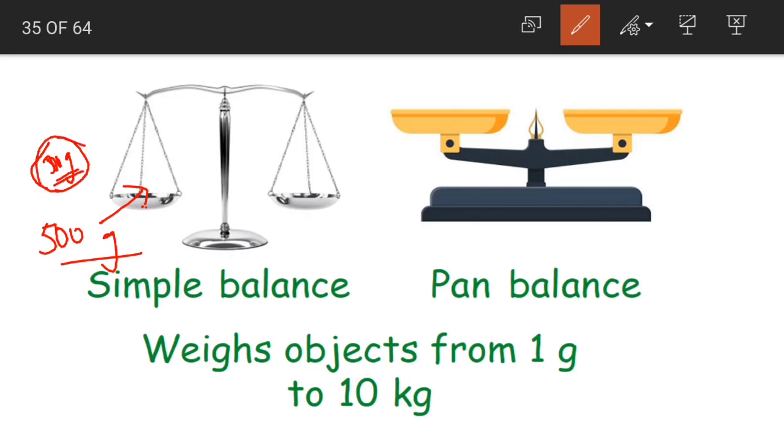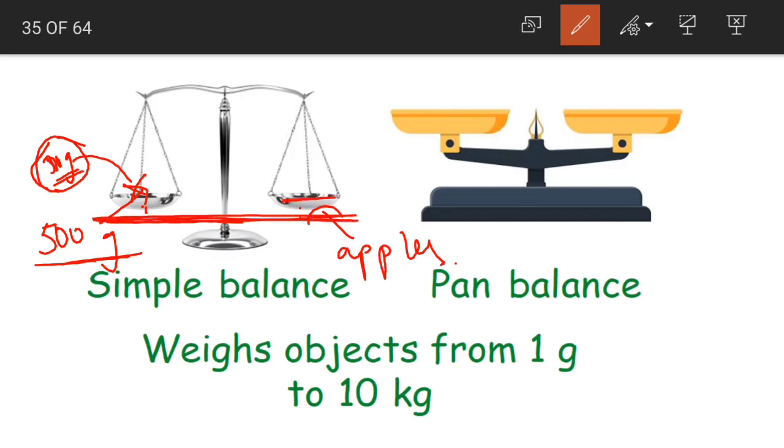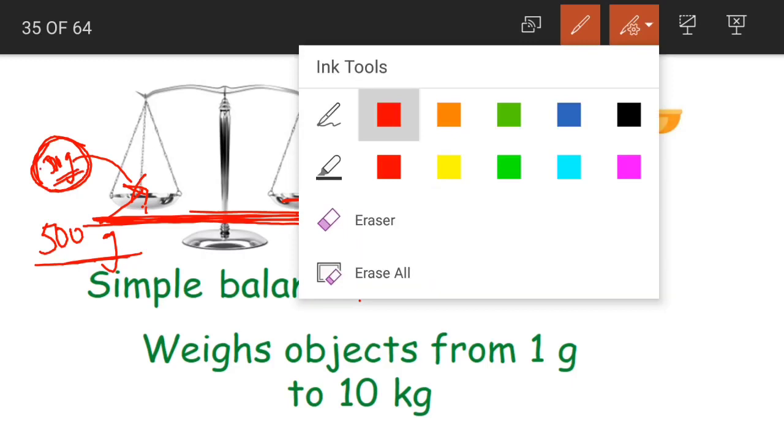Now I want 500 grams, so I'll place 500 grams in this plate, and in the other plate they'll place apples. When both these plates are in a straight line, when they both are balanced, it means that the weight of apples here is equal to 500 grams.